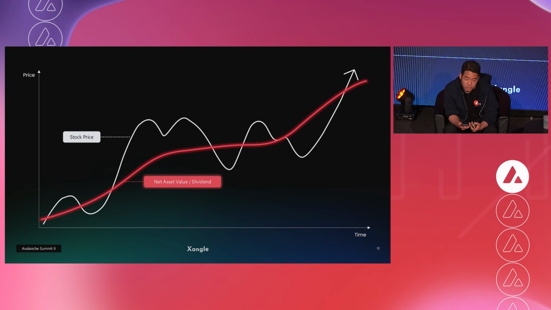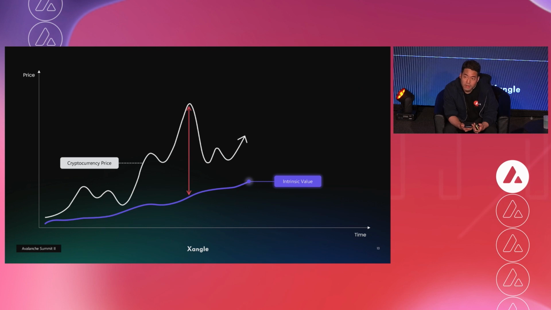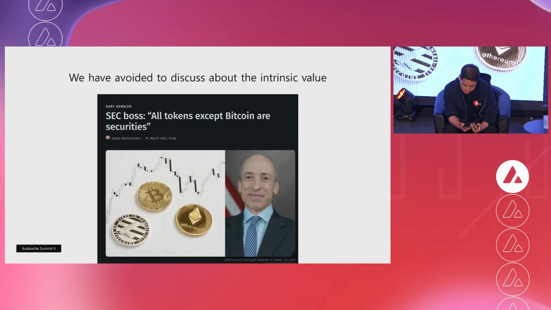So far, in the crypto world, we have deliberately avoided talking about intrinsic value. The main reason is that we did not want to be classified as securities.